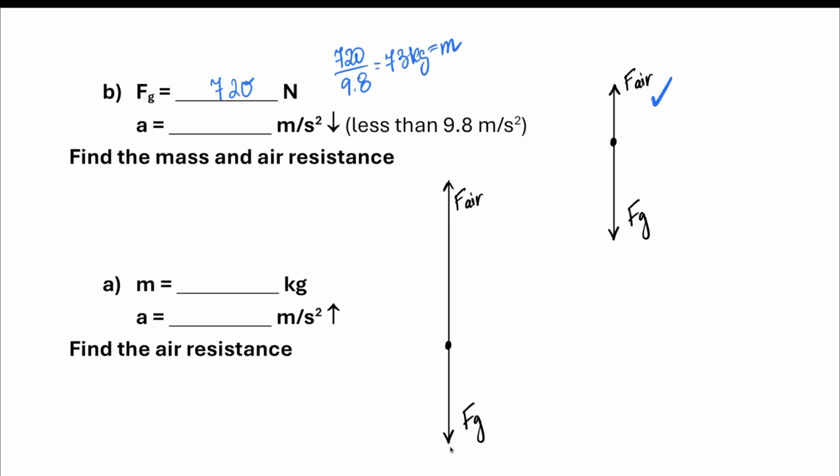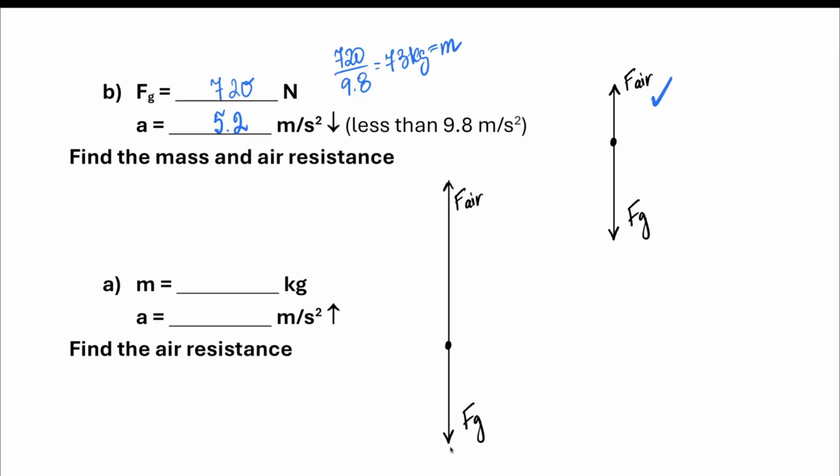So if force of gravity equals 720 and it's greater, I still need to give myself acceleration. It needs to be less than 9.8, because if it's greater than 9.8, then air resistance is actually helping you to fall, which is impossible. So let's say it's falling with 5.2 meters per second squared.